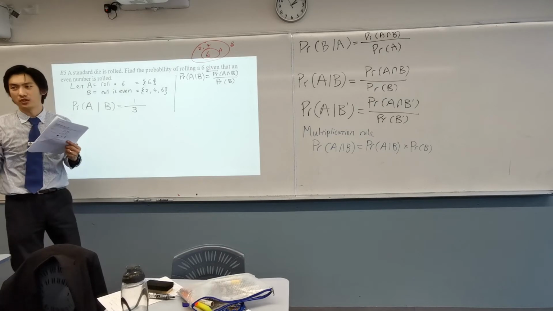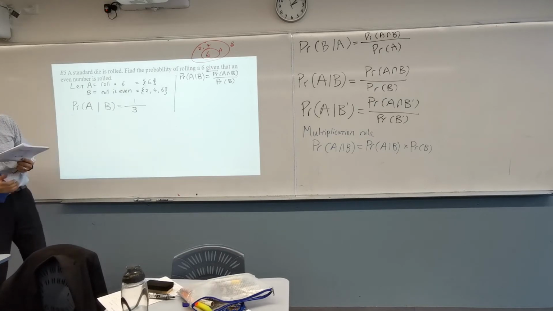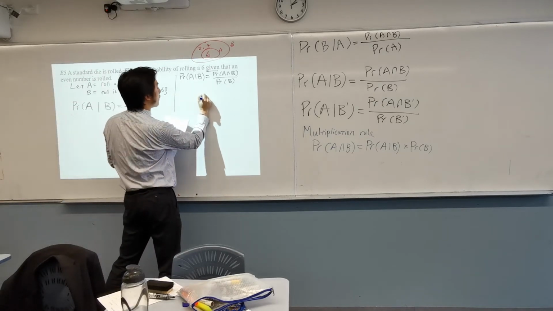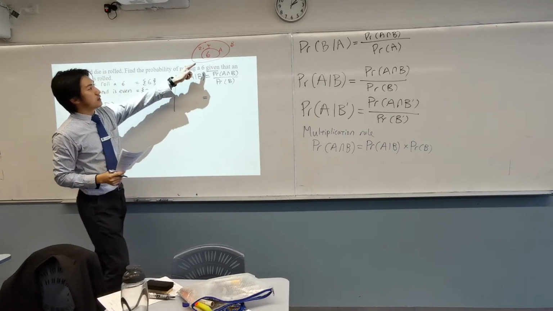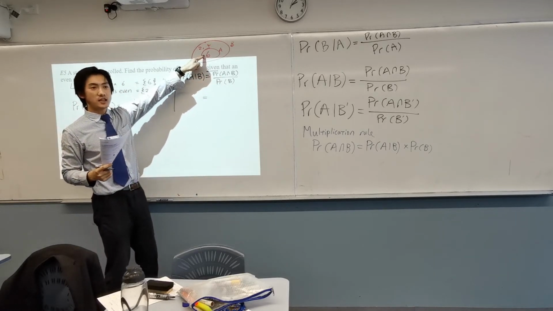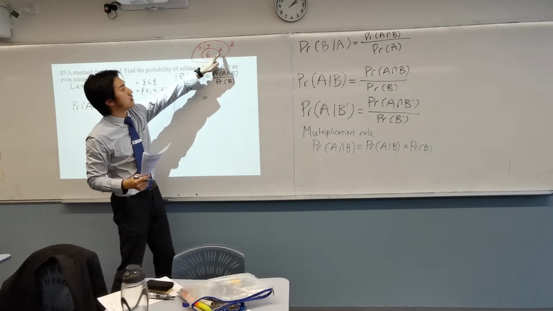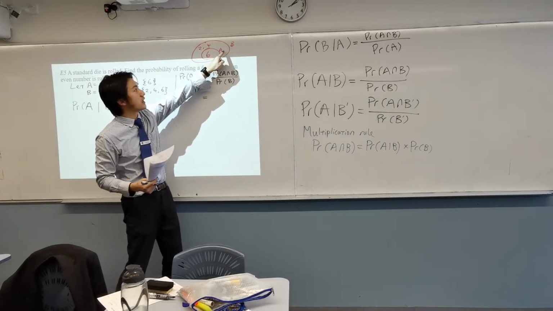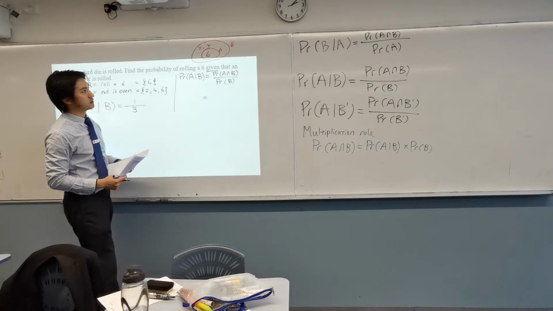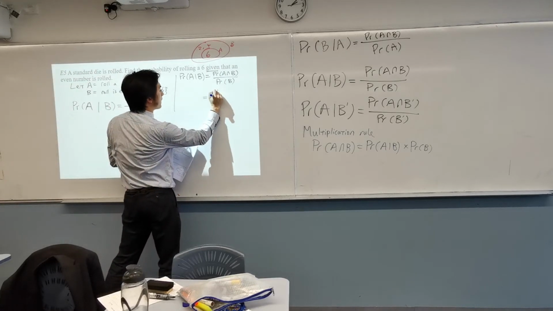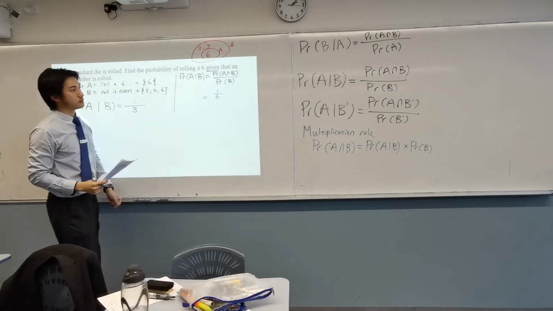And there are 6 numbers in total on the dice. So the probability of A and B is just that 6, because that 6 shares the event of being a 6 as well as being an even number. The probability of getting the intersection is 1/6.